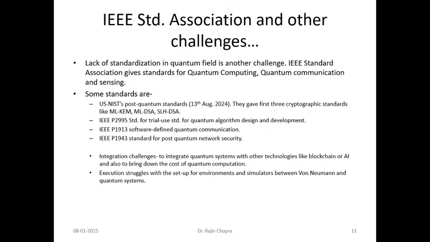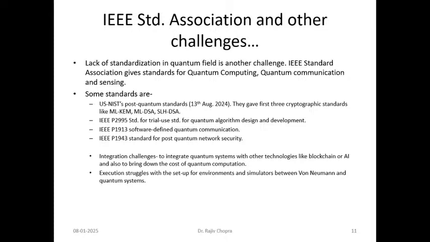Then IEEE 2995, standard for trial use, for quantum algorithm design and development. IEEE 1913, software defined quantum communication. IEEE 1943 is the standard for post-quantum network security. Every day NIST is giving some new standard, which we will see in a few days.